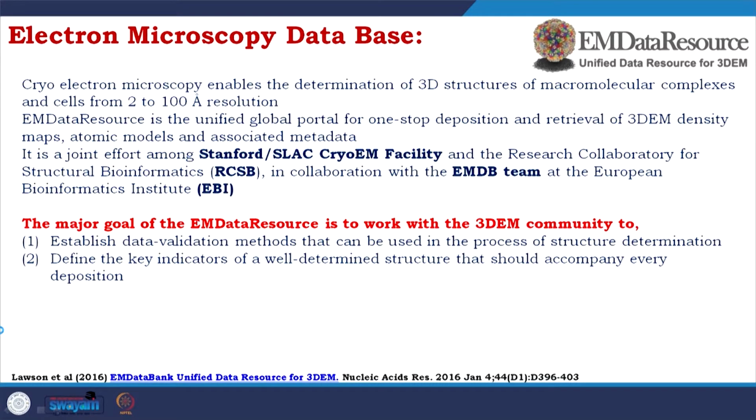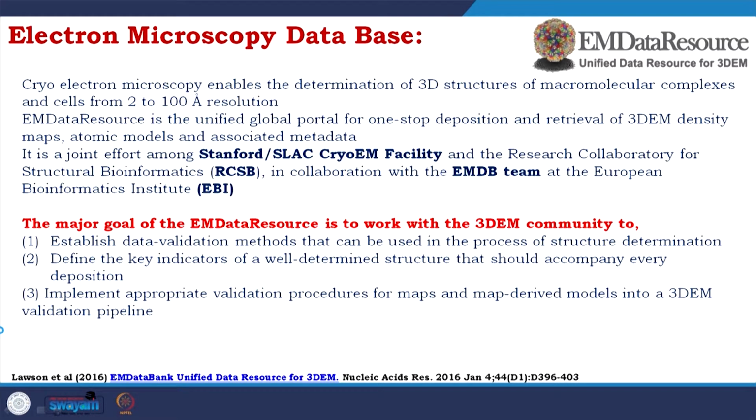Define the key indicators of a well determined structure that should accompany every deposition. So, the comparison and getting the quality of the structure. Implement appropriate validation procedures for maps and map derived models into a 3D electron microscopy validation pipeline. As I said, you have to validate properly.